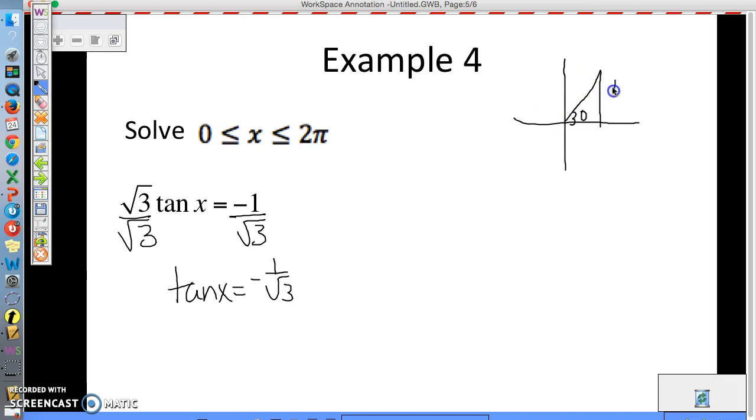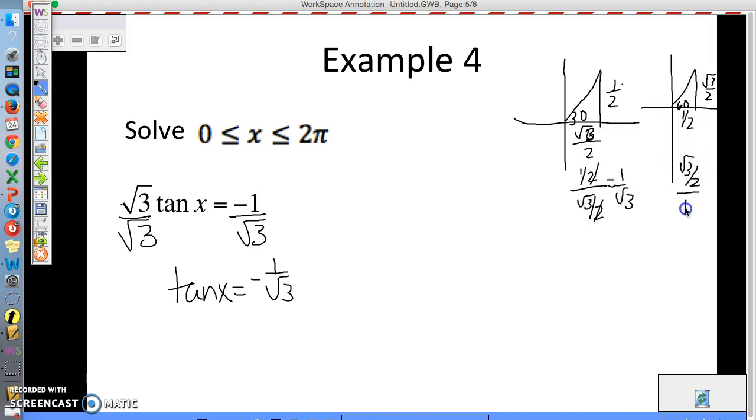If it was 30, or is it one where it's a 60 degree reference, where we have the square root of 3 over 2 and 1/2? What's our reference angle there? Well, opposite over adjacent, so 1/2. So this one's 1 over the square root of 3, a 60 degree. Opposite over adjacent is just the square root of 3.